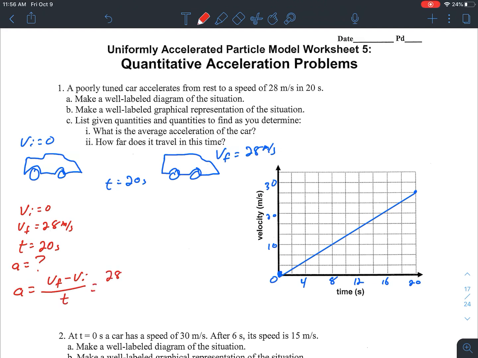And I have my final minus my initial velocities over my time of 20 seconds. And I get my acceleration of 1.4 meters per second squared. And then there's my answer. So that was part I.